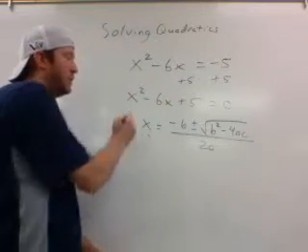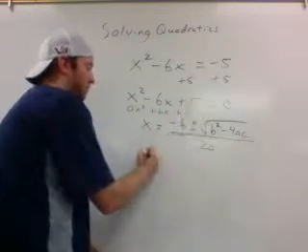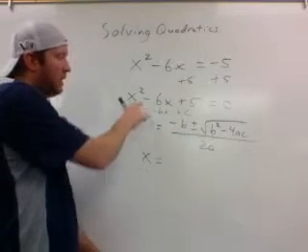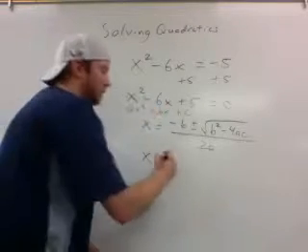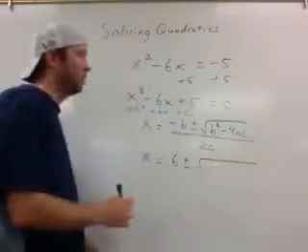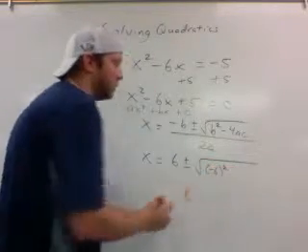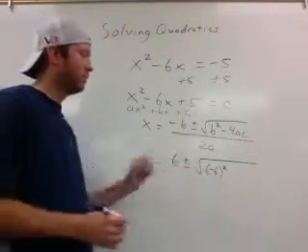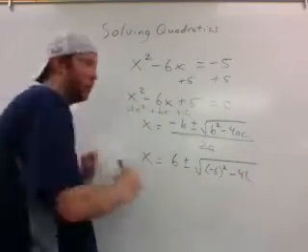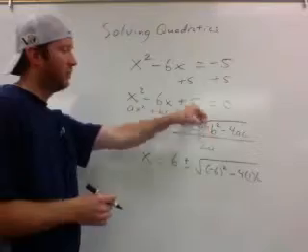Now we just need to substitute things in. Remember, we had ax squared plus bx plus c. So it says to take the opposite of b. Well, b is negative 6, so the opposite of negative 6 is 6. Plus or minus square root of b squared, so b is negative 6. Notice how when I substitute something in, I use parentheses. Minus 4 times a, coefficient on x squared is 1. And c is positive 5.